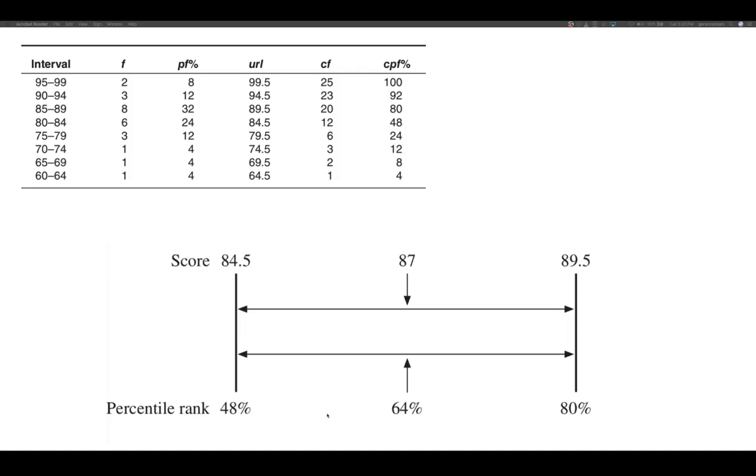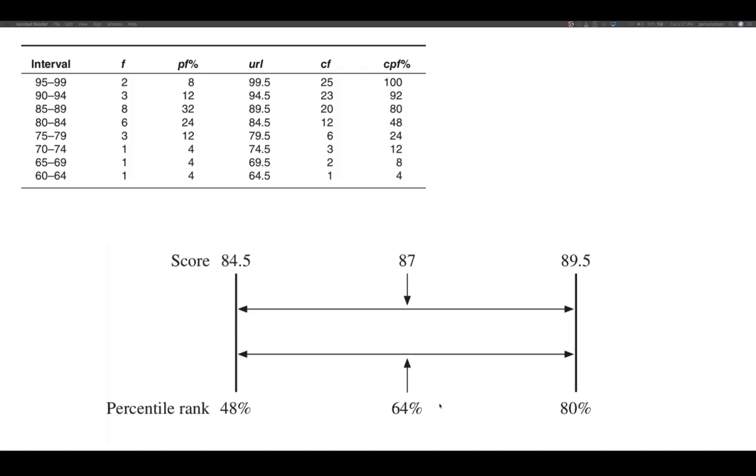So in identifying the midpoint, we basically got the percentile rank of the lower real limit, which is 48, and the percentile rank of the upper real limit, which is 80, and then we divided by 2, and that's why we got 64%.